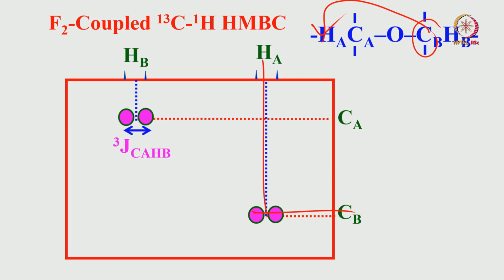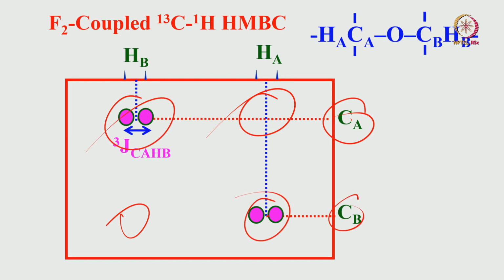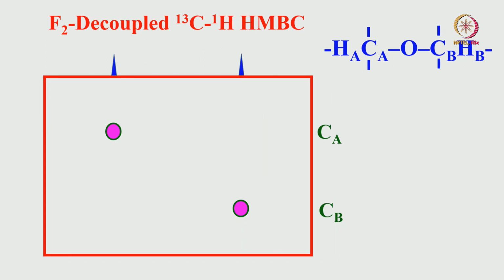This is the F2 coupled HMBC spectrum of this molecule. Please see the difference here. In HSQC we are seeing the cross peak of Ca to Ha, Cb to Hb. But in HMBC, Ca is correlated to Hb, Cb is correlated to Ha, remotely bonded, 2 to 3 bonds away.